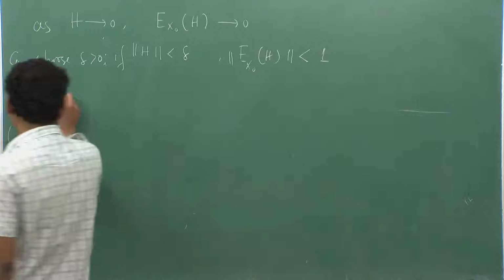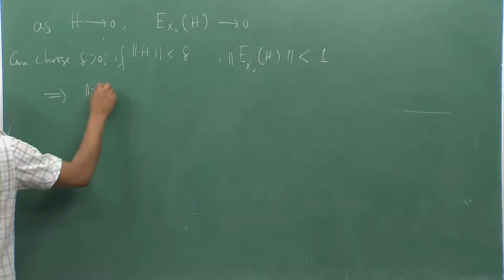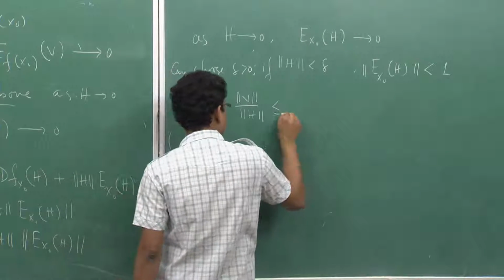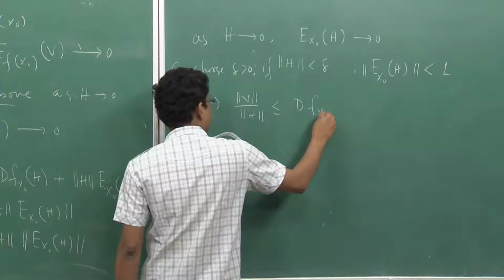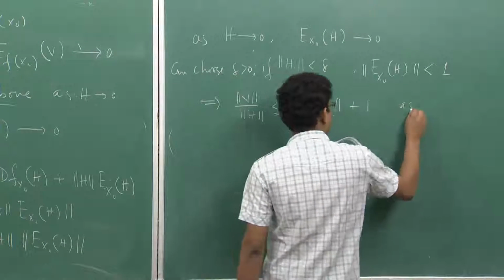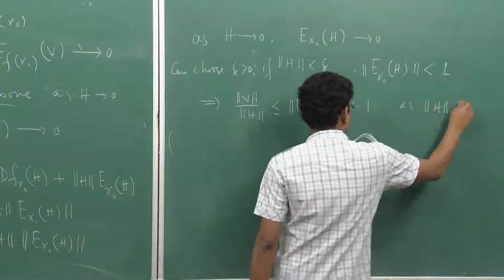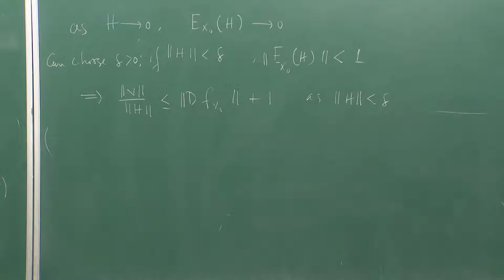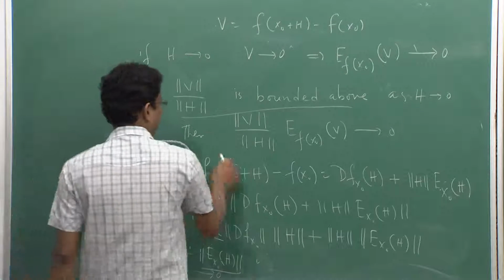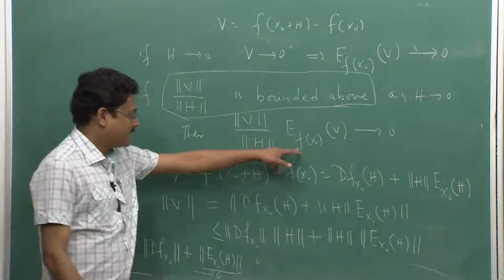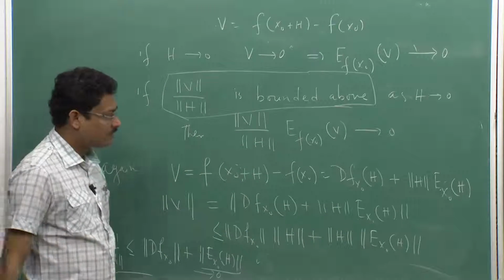That will show norm V by norm h is less than norm of df x naught plus 1 for norm of h less than delta. So, this quantity remains bounded. This is what we wanted to prove, that it is bounded above.